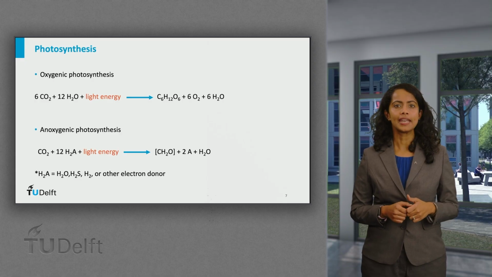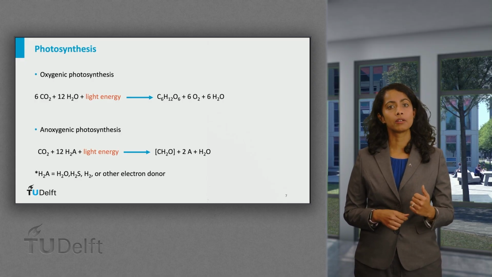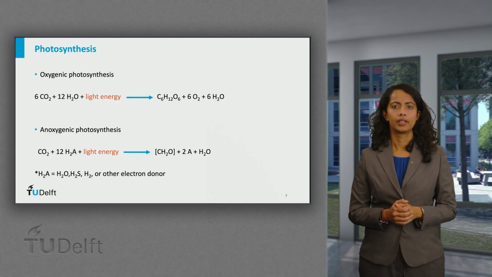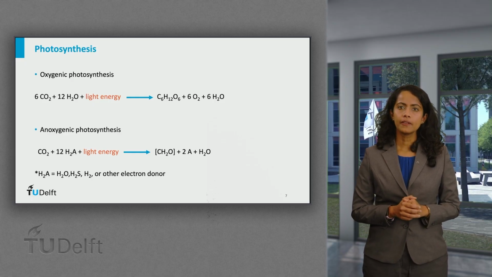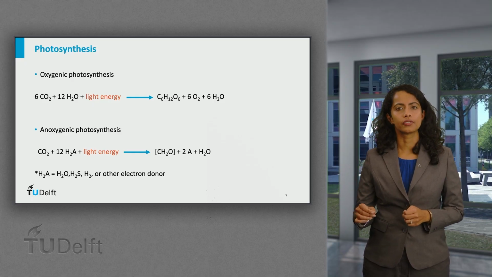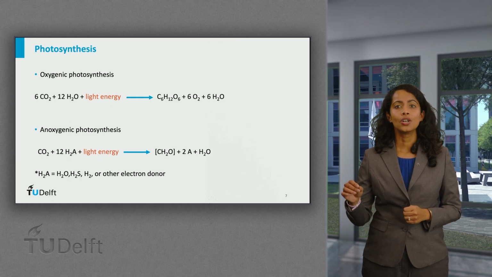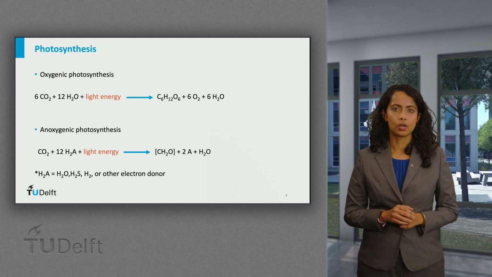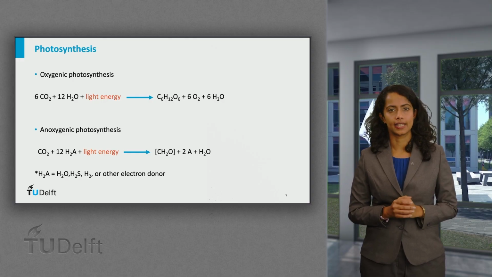Instead of water, it might be reduced sulfur compounds, hydrogen gas, or even organic molecules. With the help of light energy, these are converted into carbohydrates, that is, the oxidized donor products and water. But no oxygen is produced in this case.